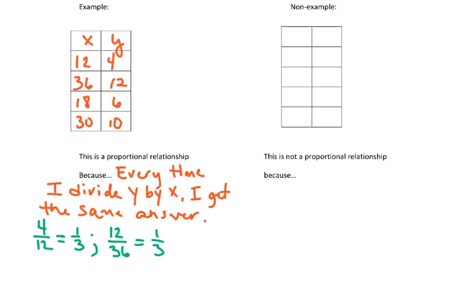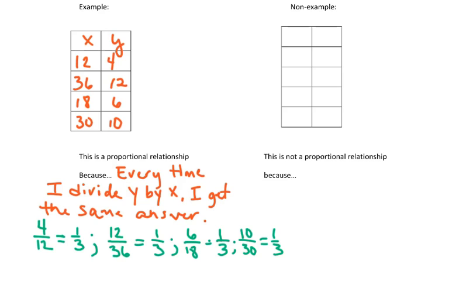The same is true if I do 6 divided by 18. So 6 over 18 also simplifies to 1/3. And lastly, I would take the 10 and divide it by the 30. 10 over 30 simplifies to 1/3.